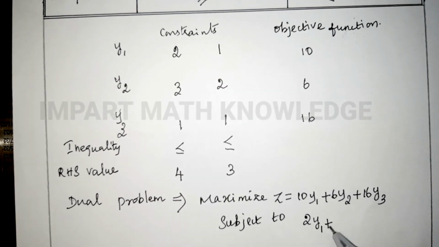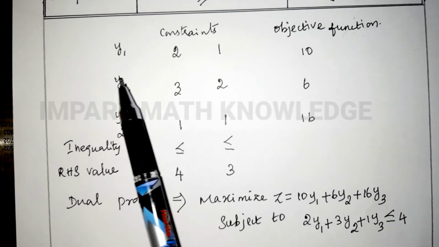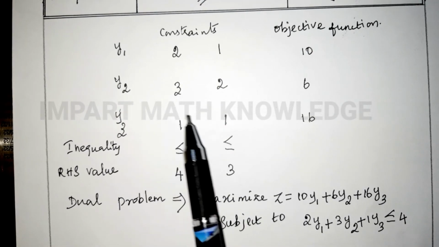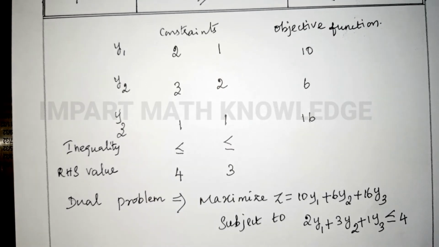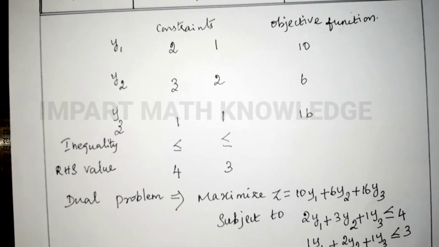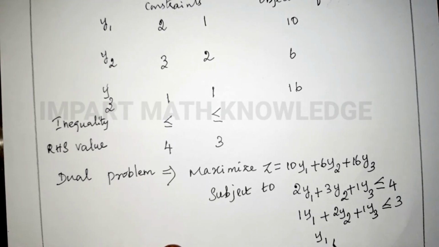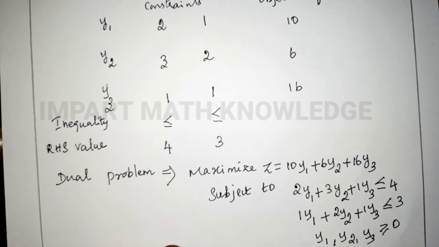Second condition is 1y1 plus 2y2 plus 1y3 less than or equal to 3. Finally, the non-negativity condition: y1, y2, y3 greater than or equal to 0.